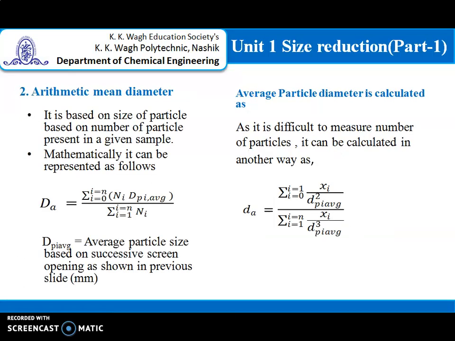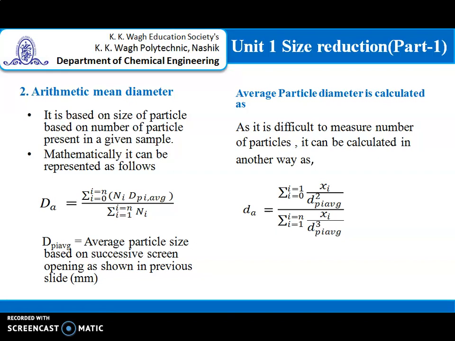This is another term, the arithmetic mean diameter. Actually it is very difficult, but just for the sake of your understanding and for presenting the concept, I am discussing it in front of you. It is based on the size of the particle and the number of particles present in a given sample.